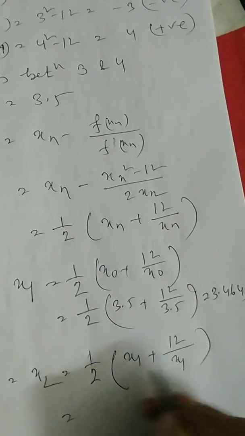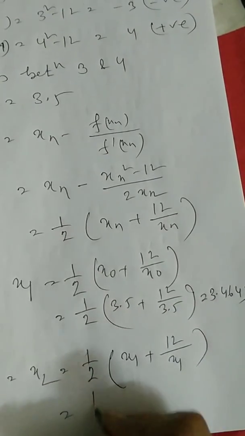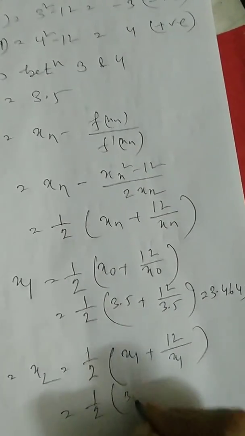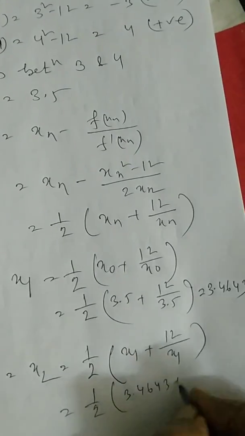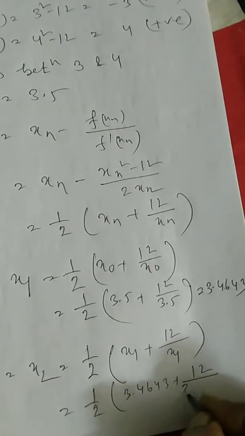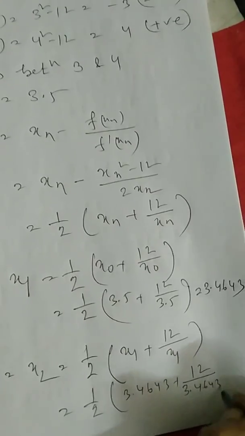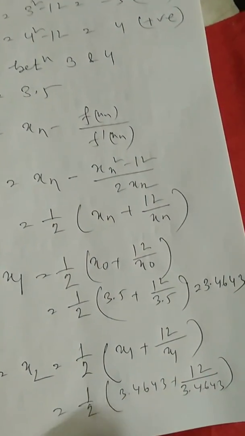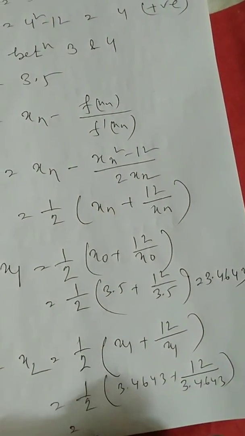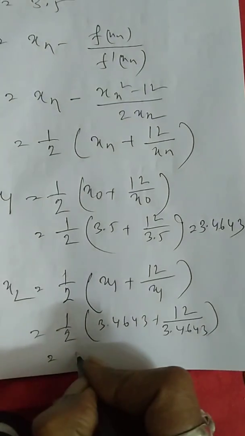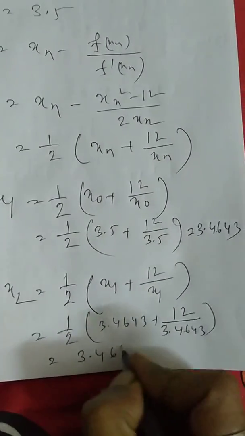If we put x1 as 3.4643, that means half of 3.4643 plus 12 by 3.4643, the answer using a calculator is 3.4641.